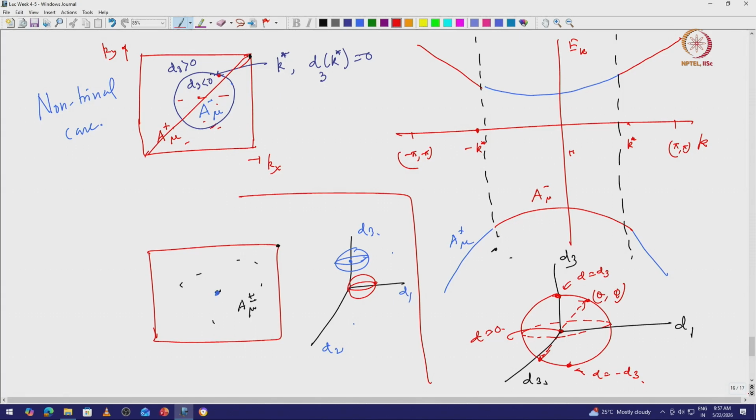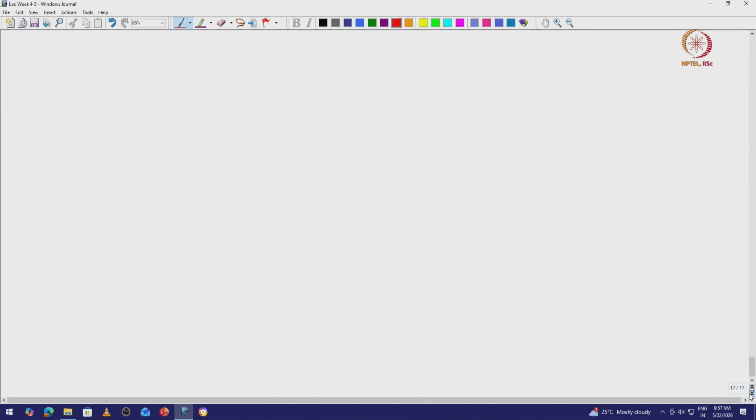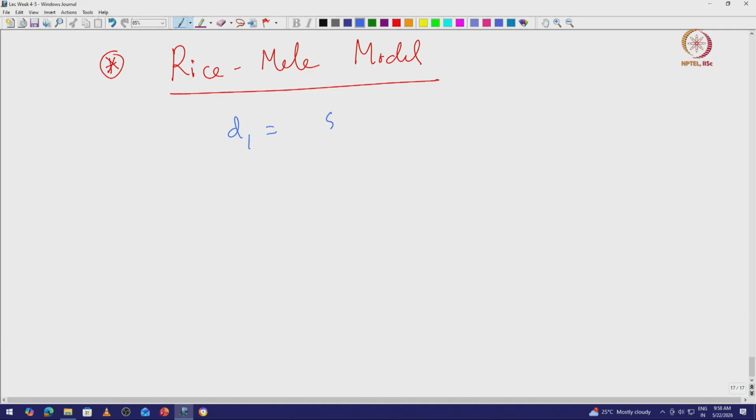Okay. And let us see that again with an example, and this is the famous example. It is still a toy model. We will talk about real material, the tight binding model called the Rice-Mele model. So, D1 is taken to be sin kx. Generally you will have some hopping, but okay, let me finish it and then I will talk about it.